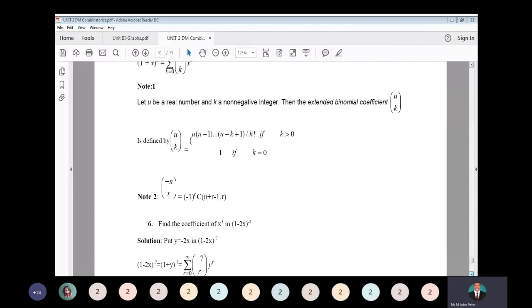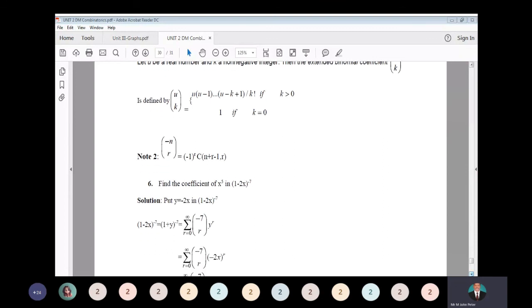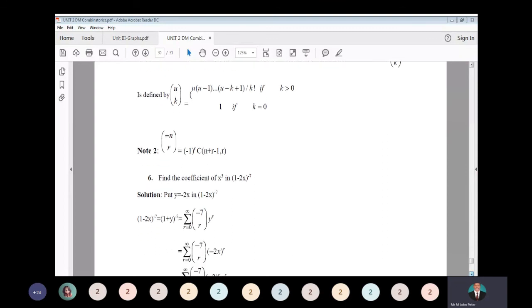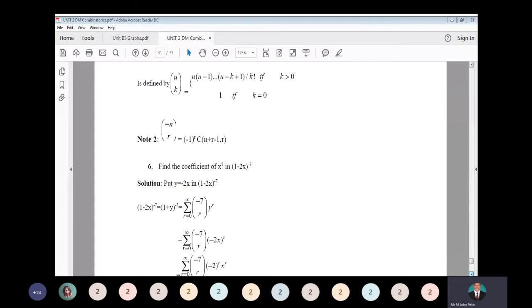Find the coefficient of x^5 in the expansion of (1 minus 2x)^(minus 7). Put y equal to minus 2x, so you get (1 + y)^(minus 7). Using the binomial series, that is equal to the summation r equal to 0 to infinity of (minus 7 choose r) y^r.